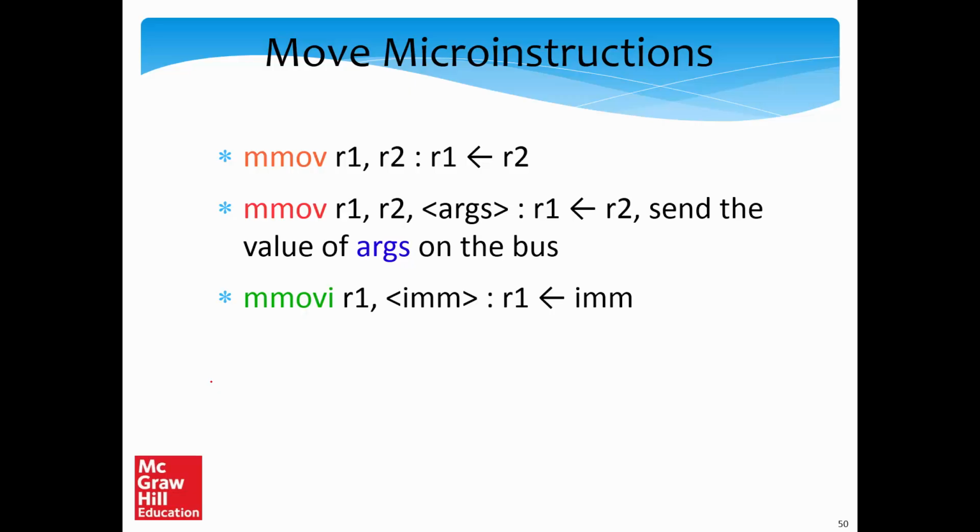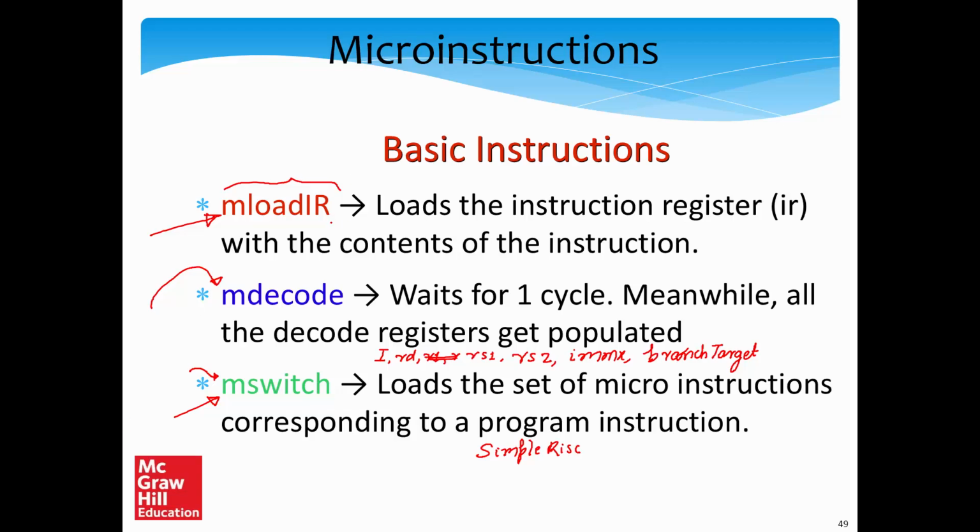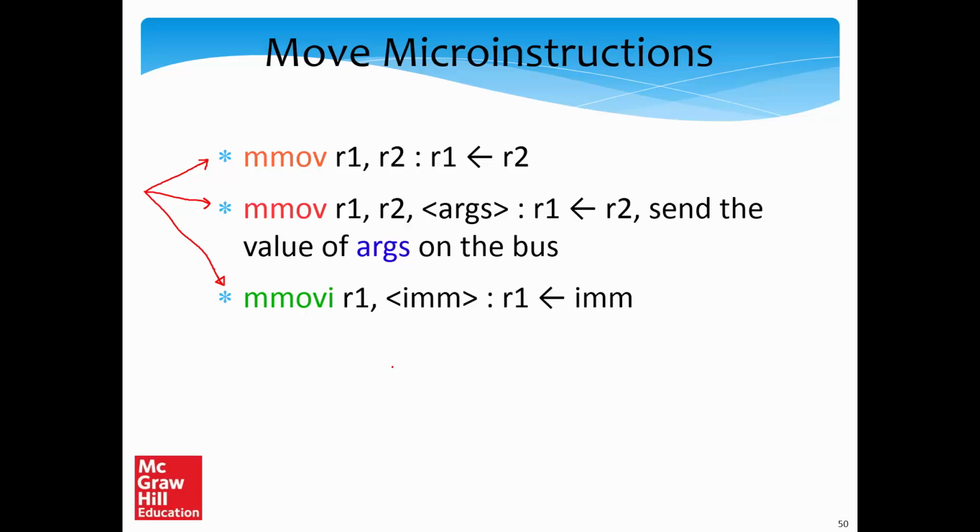All the instructions in the microprogram pipeline are extremely basic. We have seen M load IR, which loads the contents from the instruction cache into the IR register, M decode, which simply does a decode, and M switch, which for a given simple RISC instruction loads its corresponding microprogram.